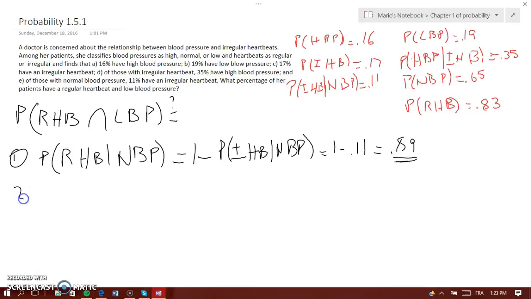Second thing we need to find is the probability of normal blood pressure given regular heartbeat.